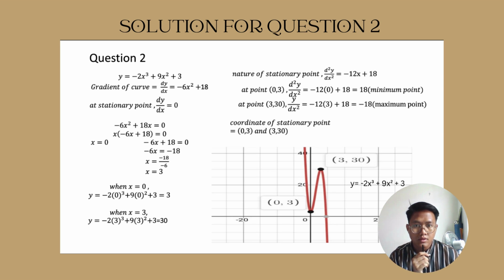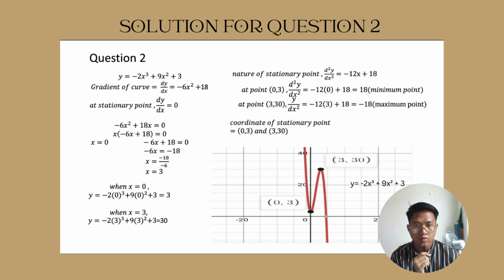Nature of stationary point, you must differentiate the second order and you can get negative 12x plus 18. At point 0, 3, d squared y over dx squared is negative 12 times 0 plus 18, you can get 18, a minimum point. At point 3, 30, d squared y over dx squared is negative 12 times 3 plus 18 and you can get negative 18, a maximum point.